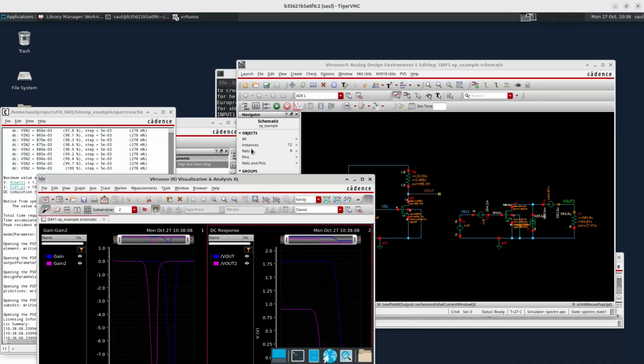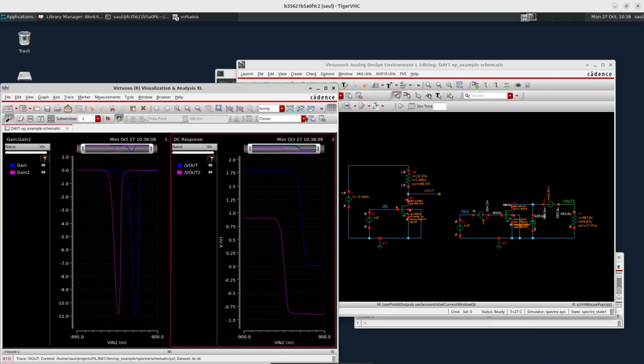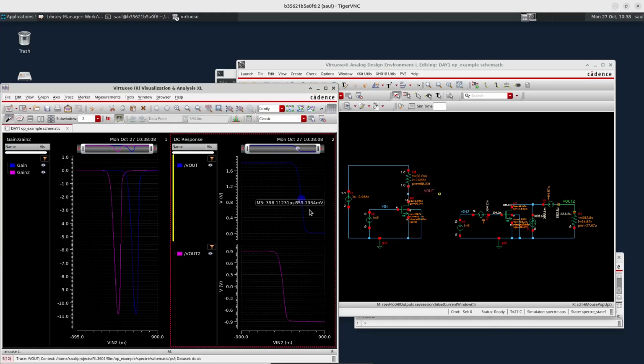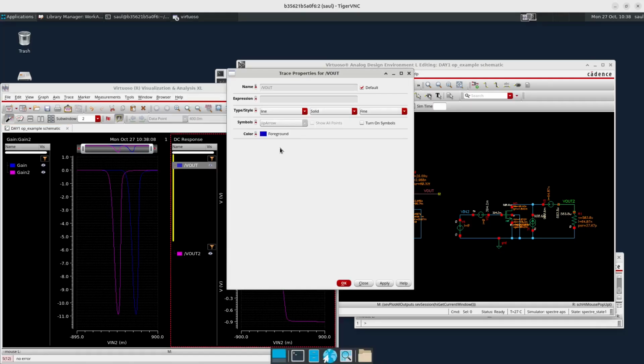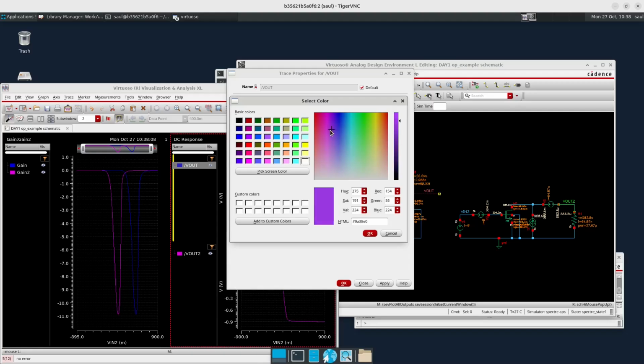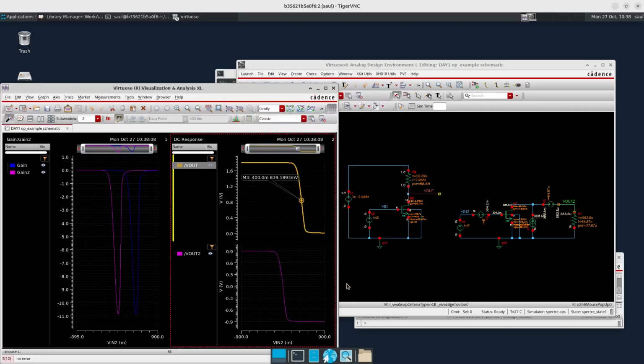We plot it back, and then put a marker with M, and then change the color to something that we can see better. Okay. Around 900 millivolts, it will be centered here. And the x-axis is the input voltage, around 400 millivolts.